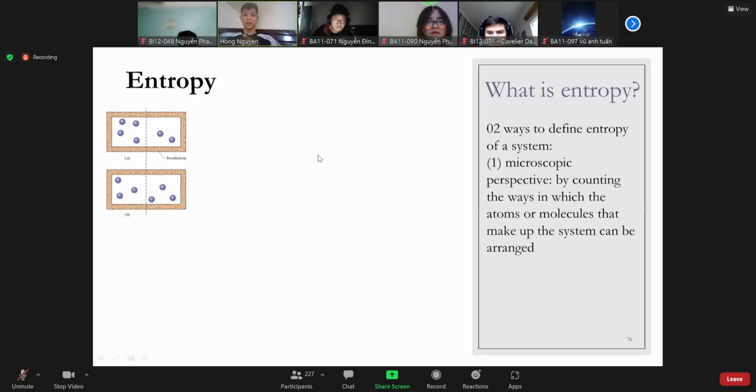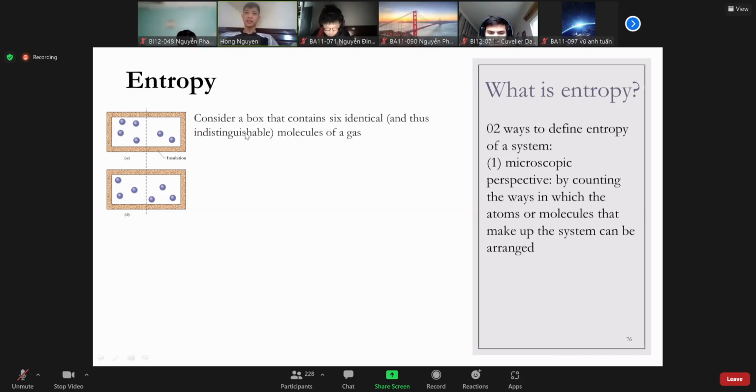We consider a system of 6 atoms, and these 6 atoms are confined in a box. With a good insulation, we consider that this is a closed system.